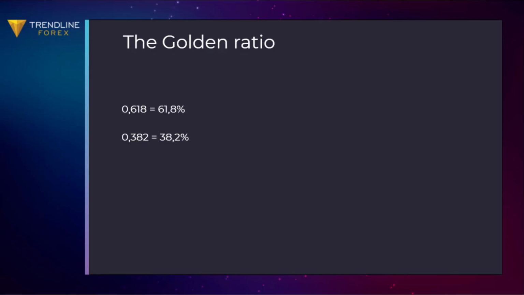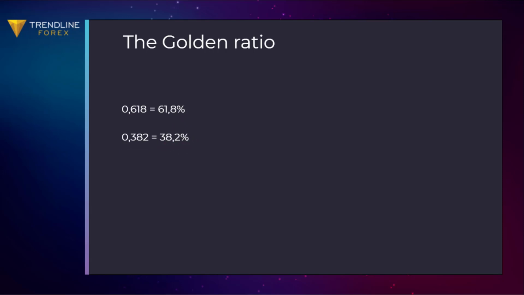As I have already mentioned, the golden ratio is the thing that we pay most attention to. These are the numbers 0.618 and the remainder of 0.382. We can also observe them as correction levels of 61.8% retracement or correction and 38.2% correction.